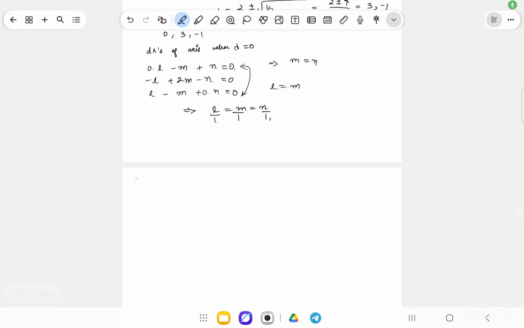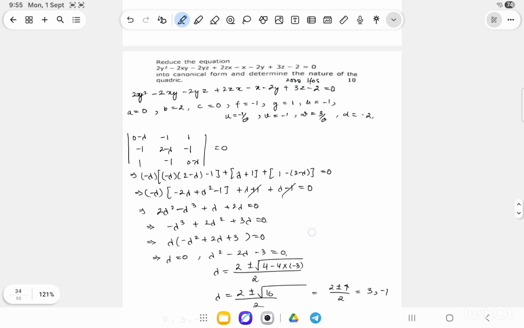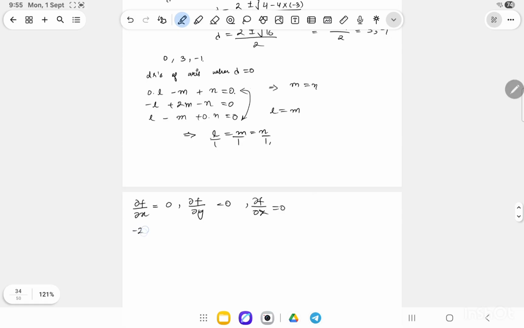Let's further find out the center of the conic. So that will be basically del f by del x equals to 0, del f by del y equals to 0, and del f by del z is equals to 0. So if I solve it, del f by del x will be basically minus 2y plus 2z minus 1 equals to 0.